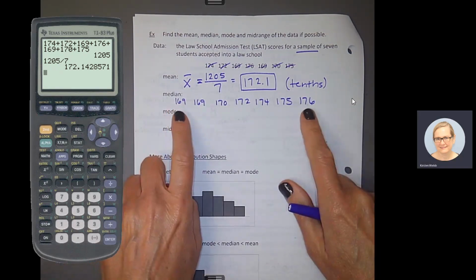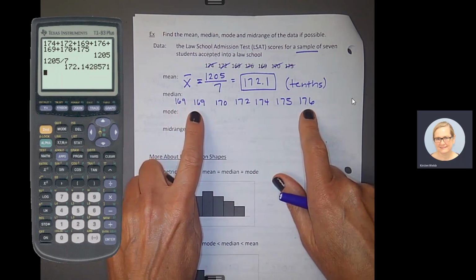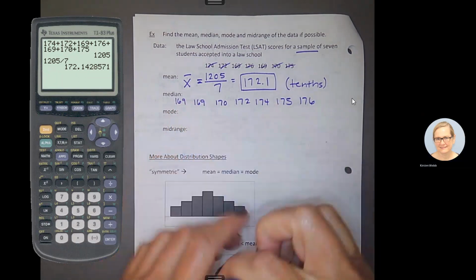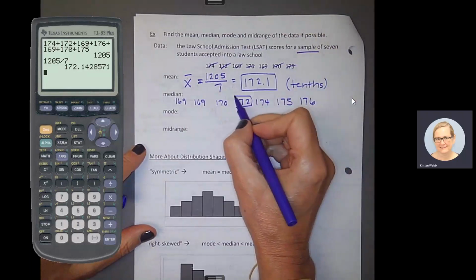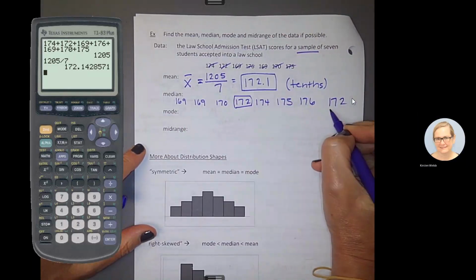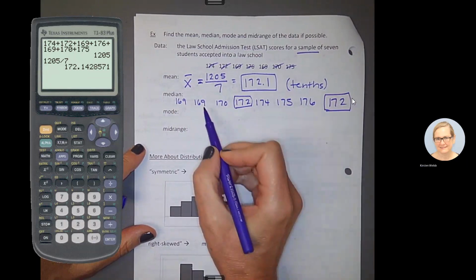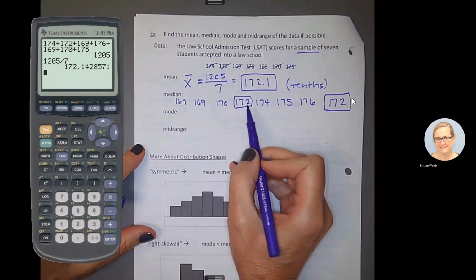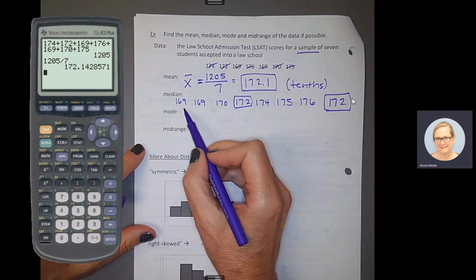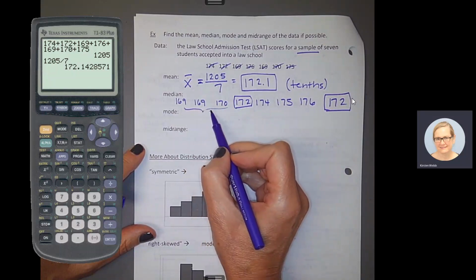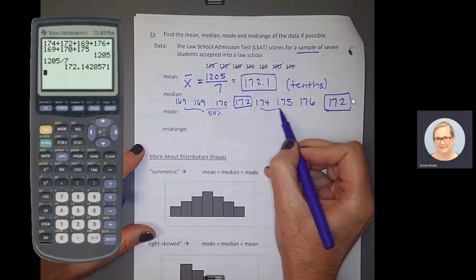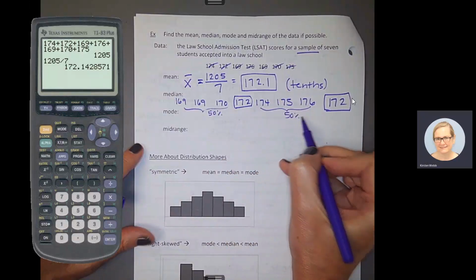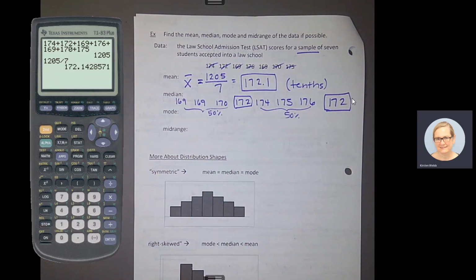So once they're in order and we count into the middle, is there a middle number? 172. All right, so the median is 172. Since the median is the middle number, that ensures that 50% or half of our data will be before the median, and then the other 50% will be after or above.